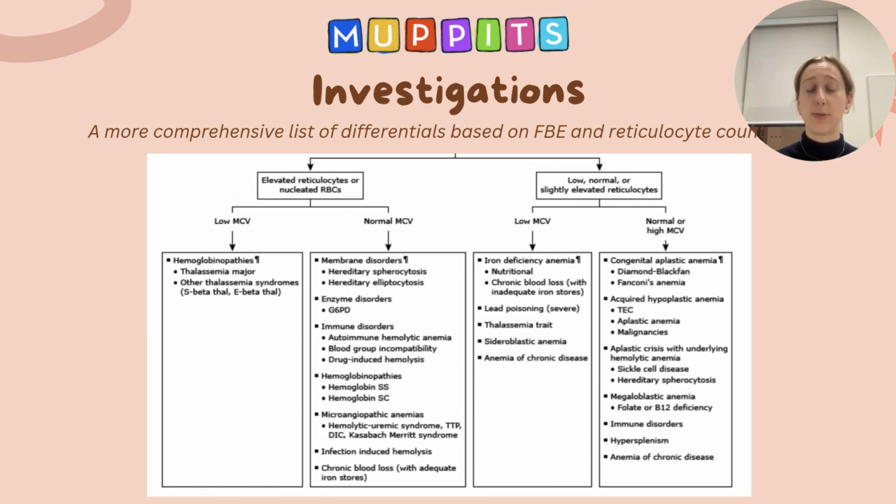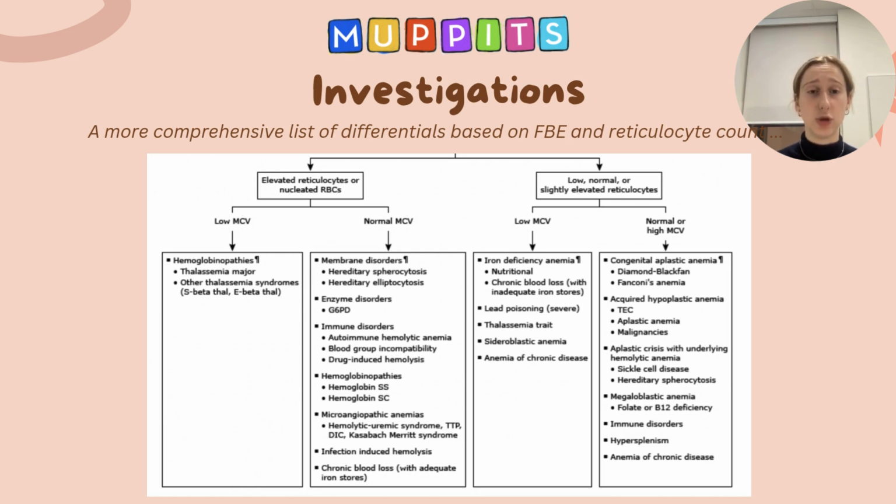But this framework here uses reticulocytes first. So are they elevated, or are they low or normal, or just slightly elevated? And then after that, taking a look at the MCV and breaking it down into 4 groups. So for elevated reticulocytes and a low MCV, looking at hemoglobinopathies.